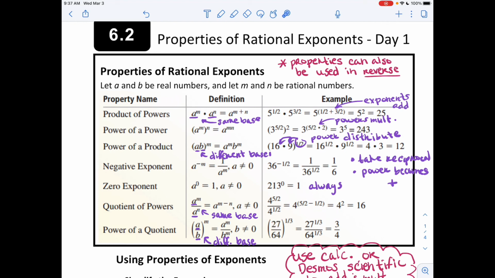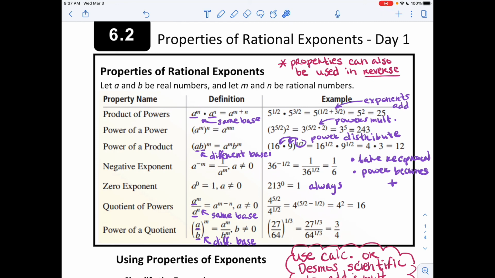However, if we take 27 to the 1/3, that's 3. The third root of 27 is 3. 64 to the 1/3 is 4, because 4 times 4 times 4 will give us 64.